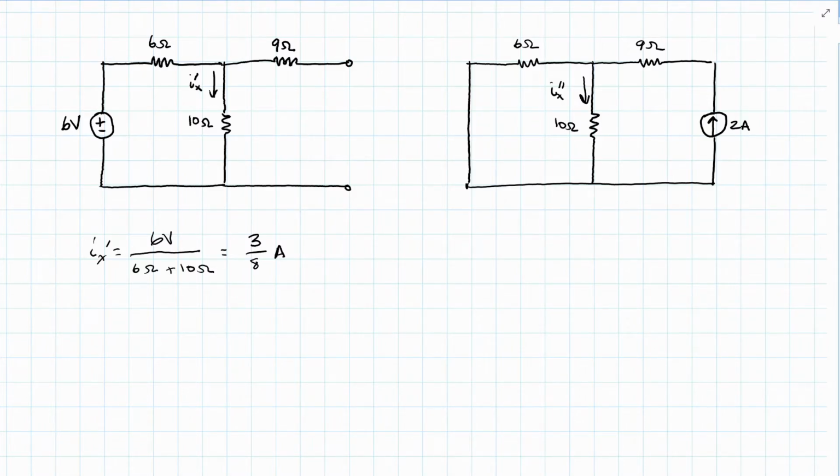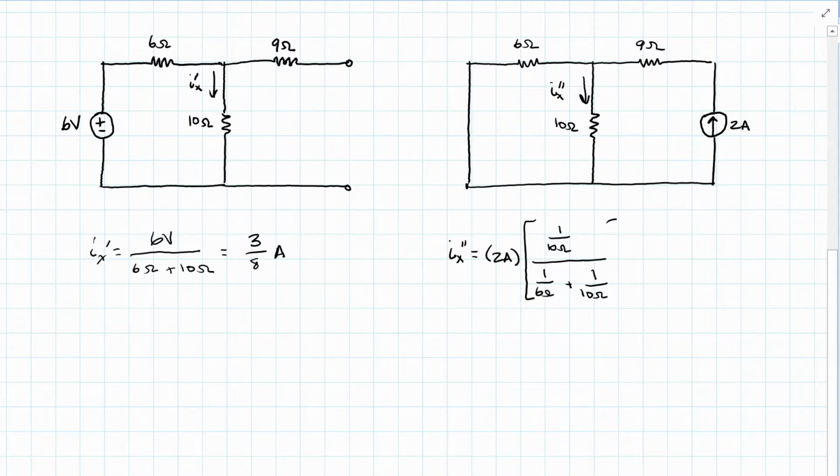So using current division, IX double prime is 2 amps multiplied by 1/10 ohms divided by 1/6 ohms plus 1/10 ohms, which gives us 3/4 of an amp, or 6/8 amps.